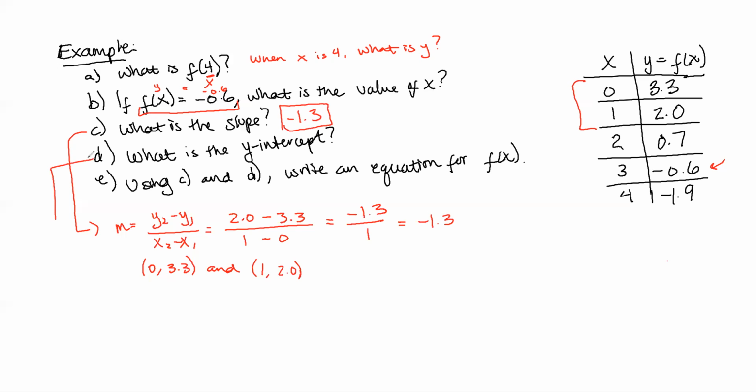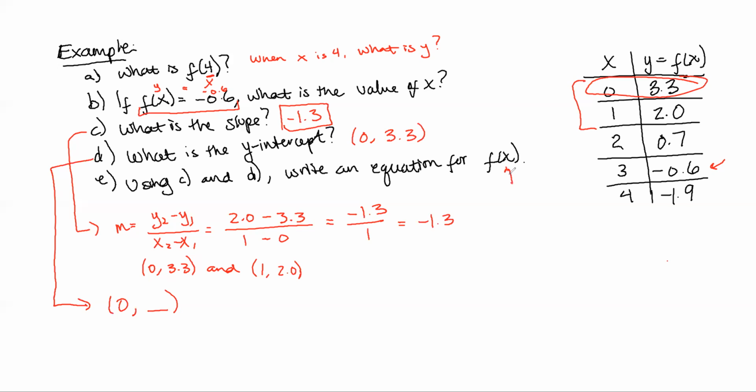The y-intercept, well, the y-intercept is the point where the x is 0 and we have some number for the y. So our y-intercept here is this first point in our table. So our y-intercept is 0, 3.3. And then finally, for part E, they want you to write an equation for f of x.